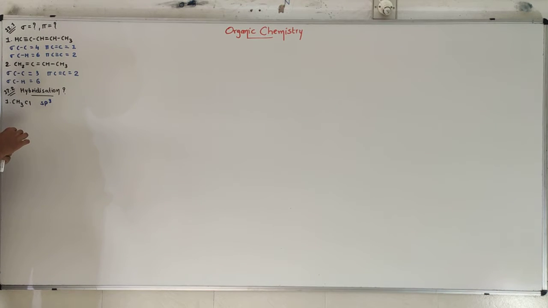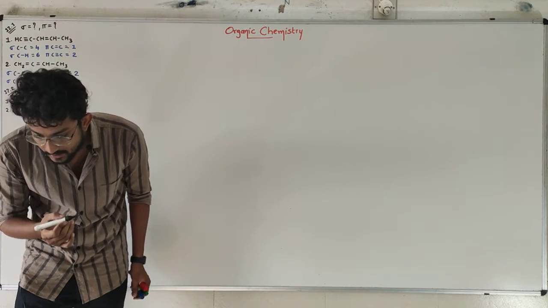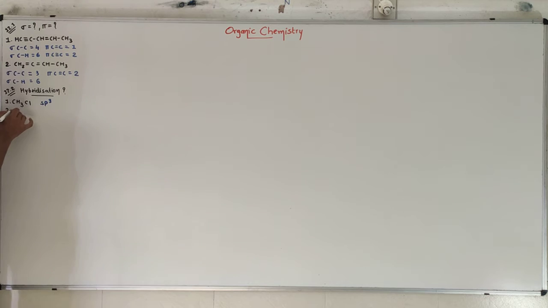After that, we move to our second compound, (CH3)2CO. Let's draw the structure of this compound: CH3 C double bond O CH3.